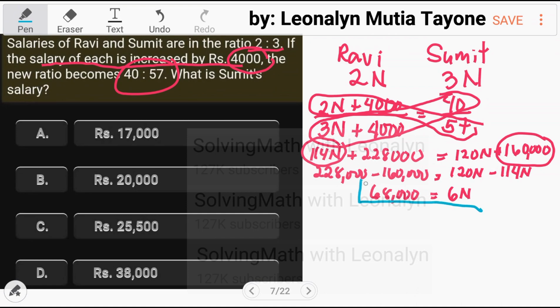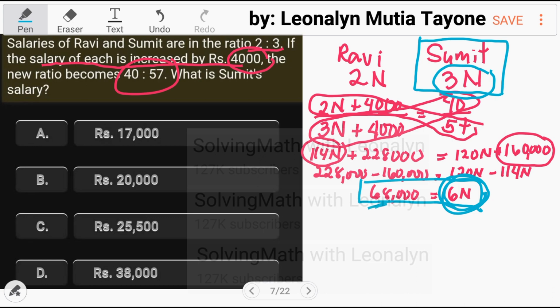Dito lang tayo ha. 6n. Tingnan mo si Sumit. 3n. Again, itong 3n na ito ay ito yung equivalent sa actual na salary ni Sumit. Ang 6n ay equivalent sa 68,000. Anong half sa 6n? 3n ang half niyan.